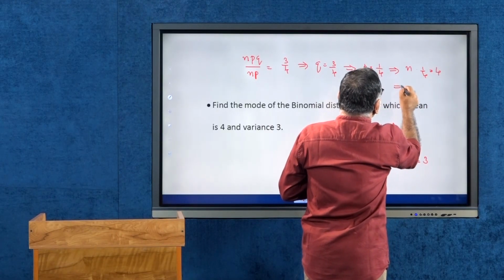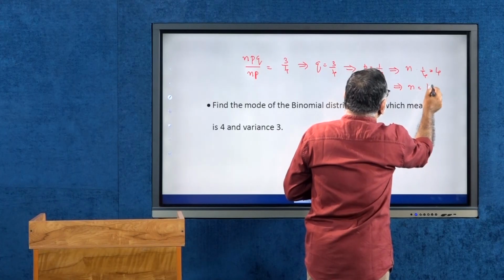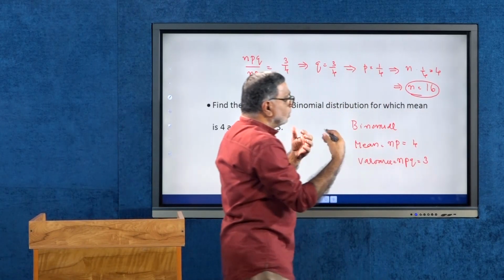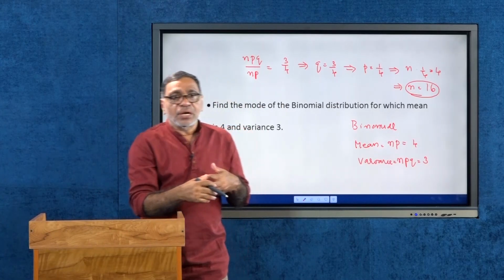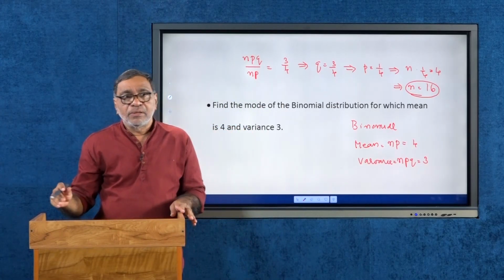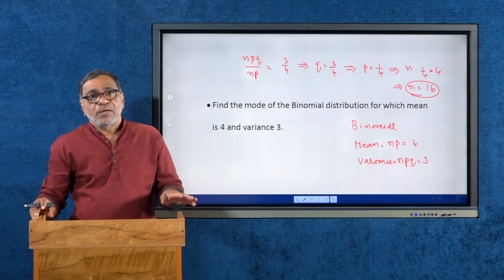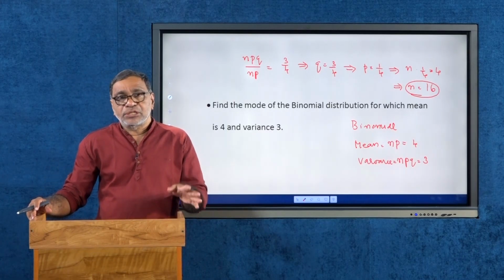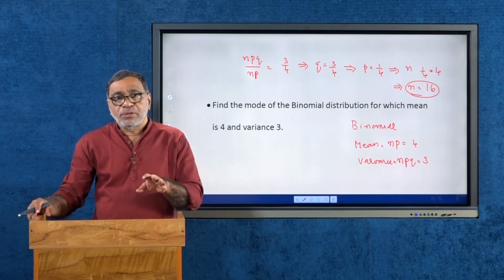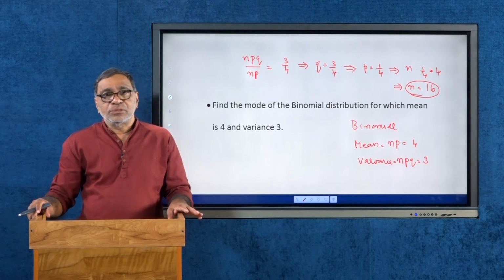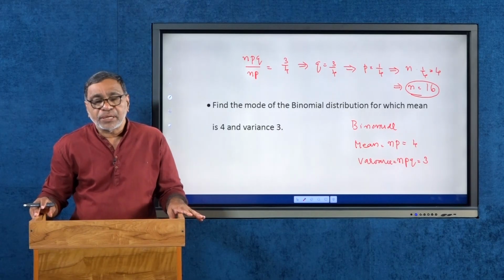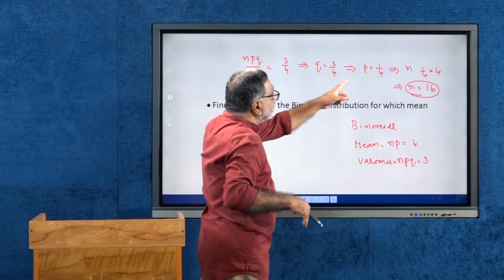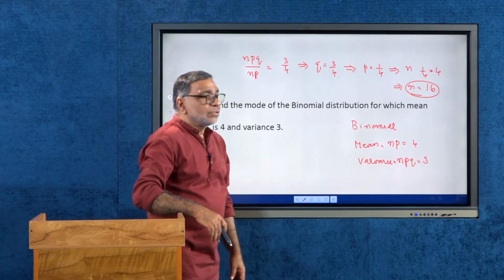That implies n is equal to 16. So, actually the parameters are not specifically given, but the mean and variance of the distribution are given. Using the mean and variance expressions, you solve for the parameters n and p. We have p equal to 1 by 4, n equal to 16.